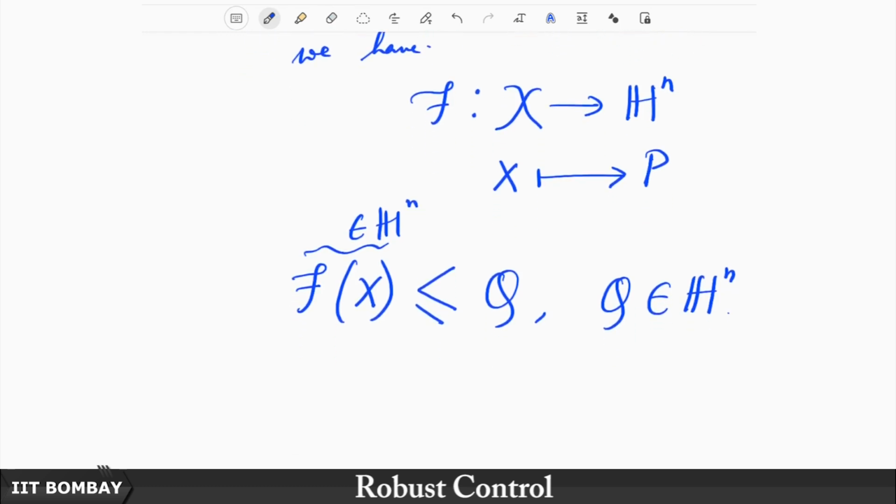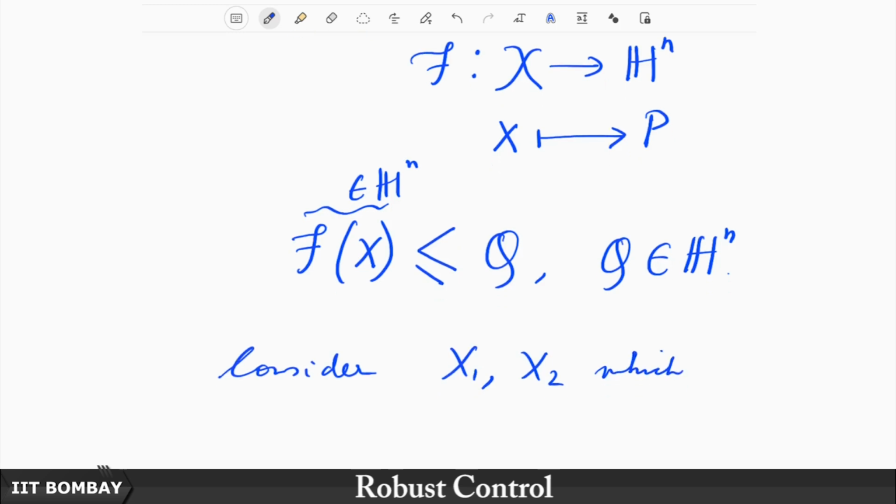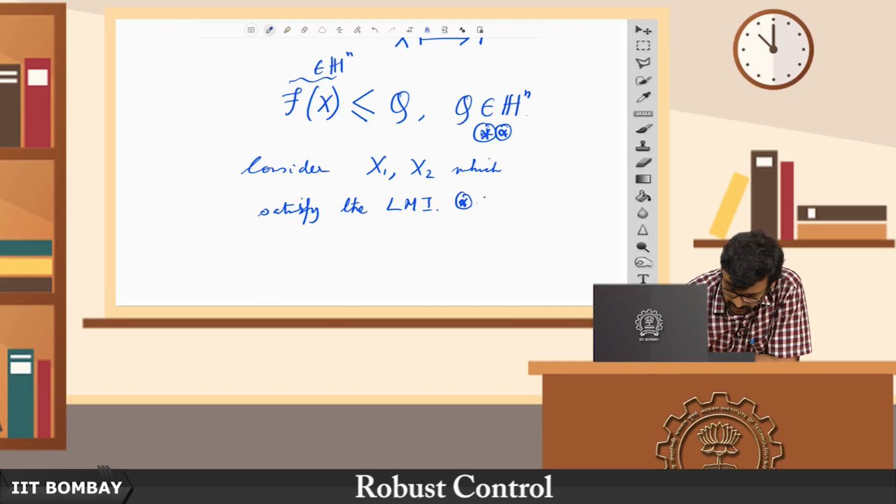that now consider x1, x2 which satisfy the LMI, let us call this LMI the double star LMI. So, let us say it satisfies this LMI denoted by double star.